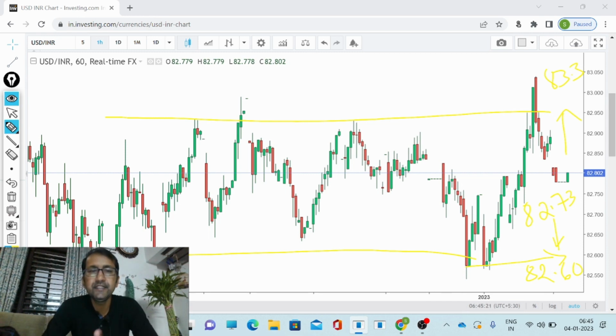So this is the trading strategy for USD INR. 82.75 is the pivot. If it is continuously trading above that, you can be assured that the trade will be for buying. If it is trading below 82.73, it can fall to a level of 82.60, 82.55.